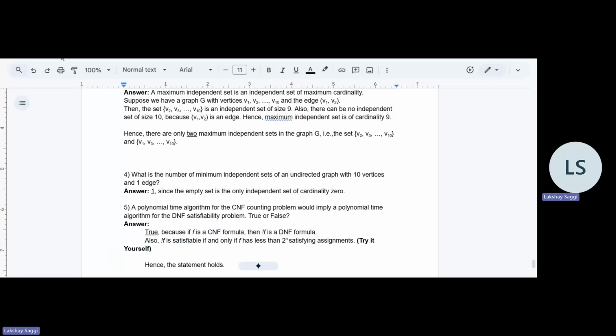So this is how one can prove that a polytime algorithm for CNF counting would imply a polytime algorithm for DNF satisfiability.